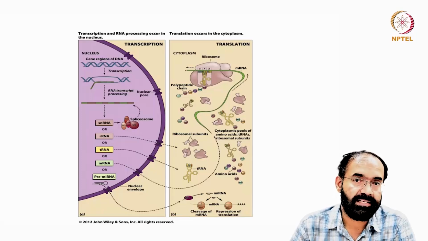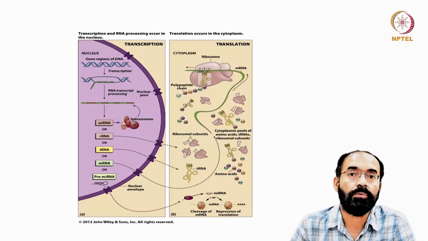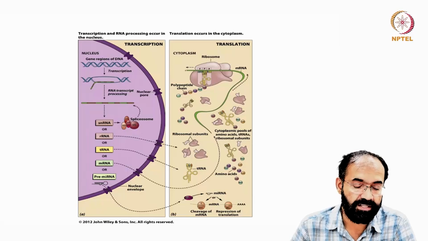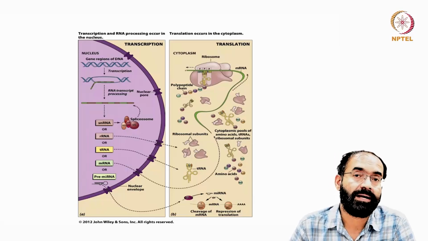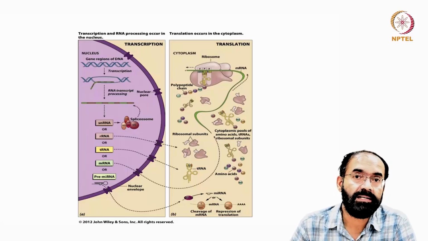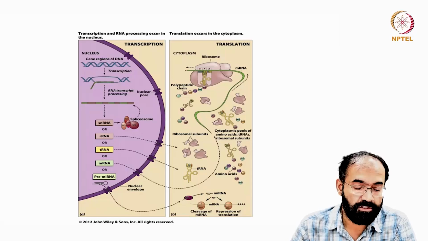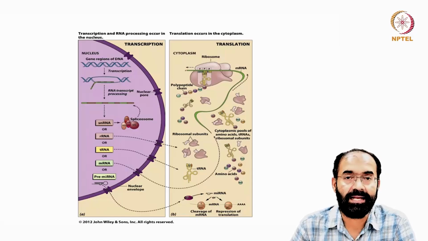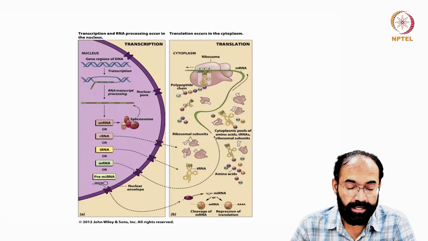And this RNA that is formed has to undergo a process called RNA maturation with the help of the spliceosome, and this process is called pre-mRNA splicing. This is further made possible with the help of snRNA, small nuclear RNA.